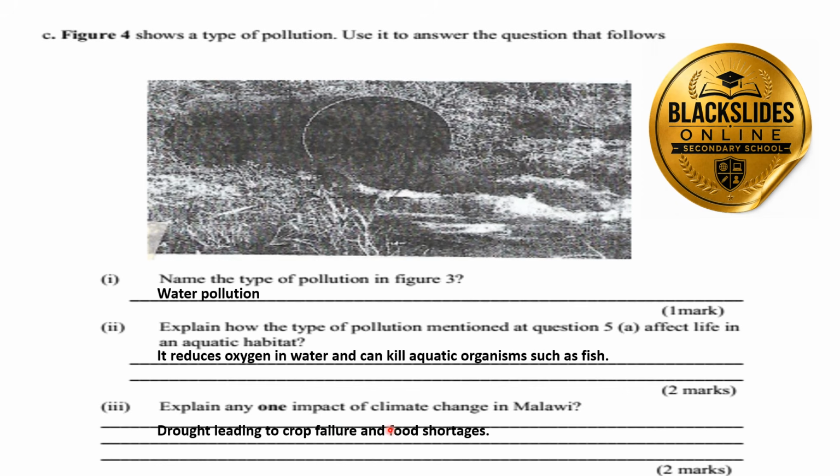Climate change can also increase flooding. Heavy sudden rains destroy farms, homes, and spread diseases such as cholera. So you can just select any 2 or 1. Here we've looked at what it would cause, the impact, and how it affects Malawi.